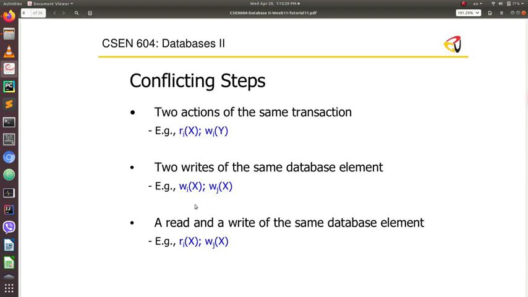The third one is two transactions read and write the same database element. So transactions I and J try to write database element X, both of them. So these three actions are conflicting. Executing them will cause a problem.